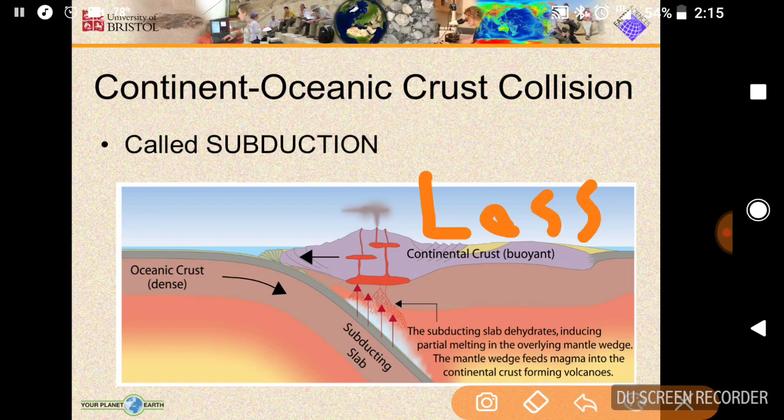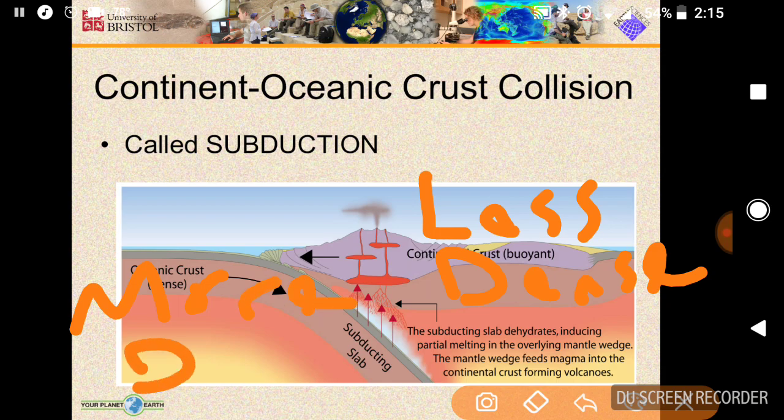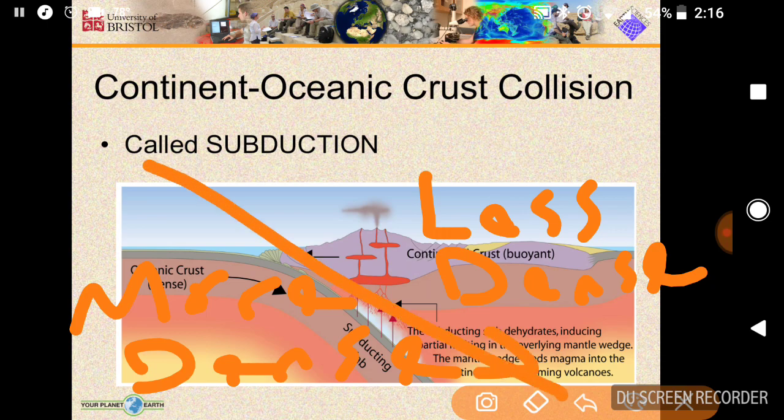Less dense. More dense. It's very important.